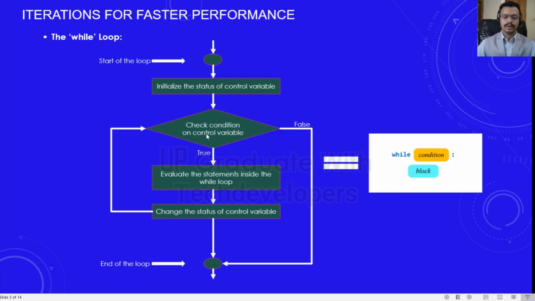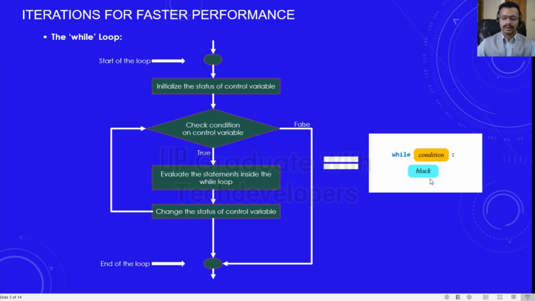Once you enter the while loop, the condition will be checked. If the condition is true, then evaluate the statements inside the while loop, means the block of the while loop will be evaluated. After the block of the while loop has been evaluated, we need to change the status of the control variable.